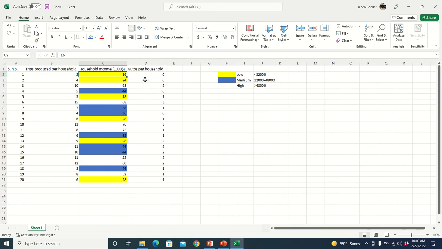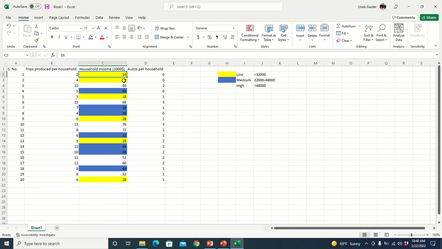The first thing we need to do is divide this data into different income categories. The categories which we have formed are less than 32,000, 32 to 48,000, and more than 48,000. I have color coded the samples according to their income category.